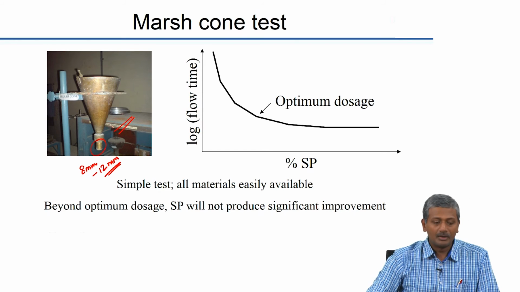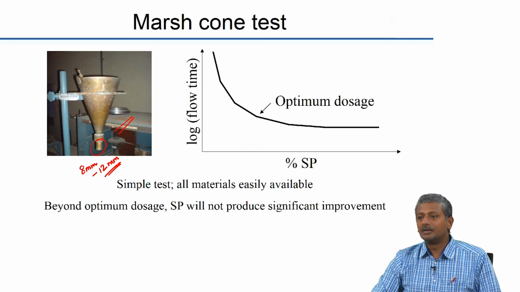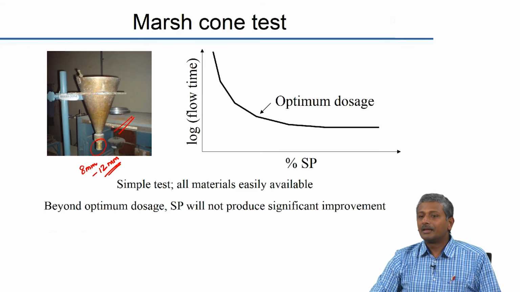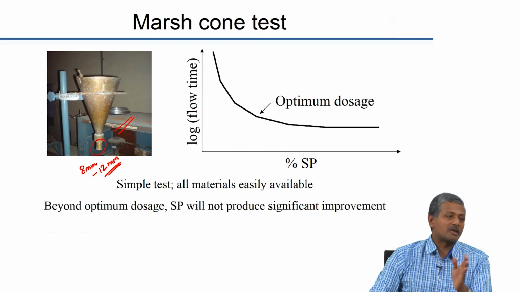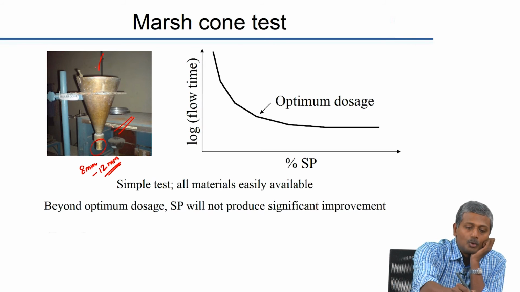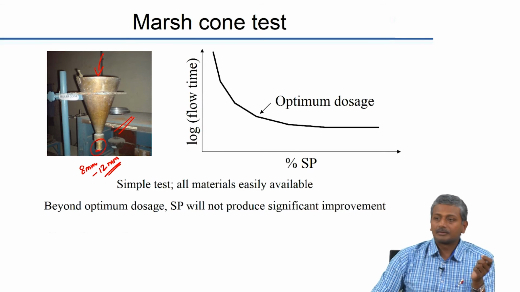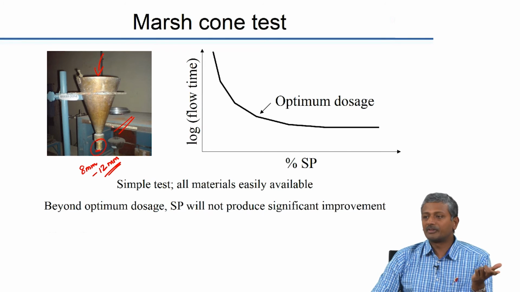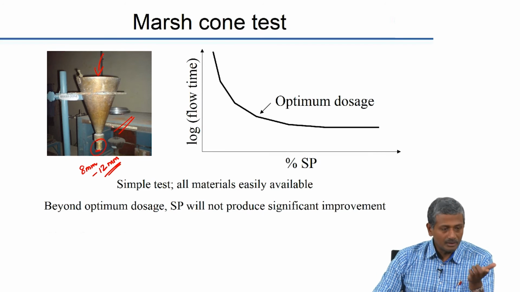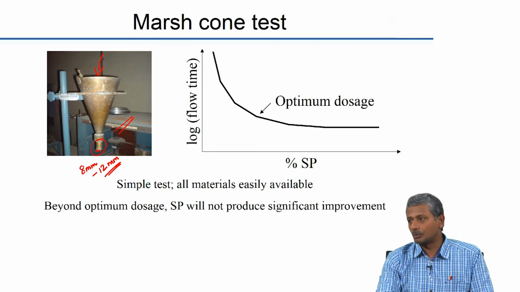opening at the bottom. So, what is essentially done here is that you prepare your cementitious paste with the required dosage of superplasticizer, with different dosages of superplasticizer, and you prepare about 1 liter of paste that can be poured into this funnel. You close the bottom of this funnel with the tip of your finger, and after you have poured the required volume of paste into this funnel, you then remove the tip of your finger, open the orifice and allow the cement paste to flow out of the cone, right.